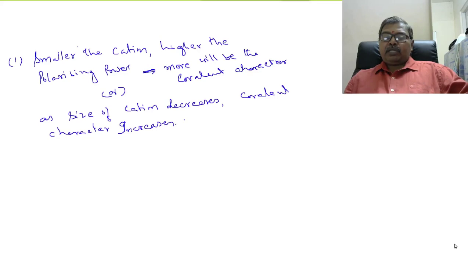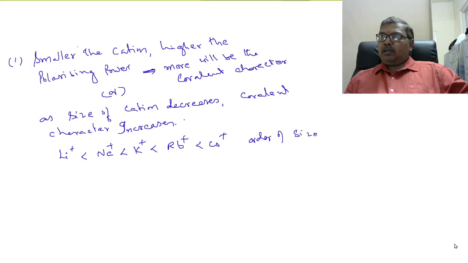For example, in the first A group: Li plus, Na plus, K plus, Rb plus, Cs plus. This is the order of size. Therefore, Li plus more than Na plus more than K plus more than Rb plus more than Cs plus.